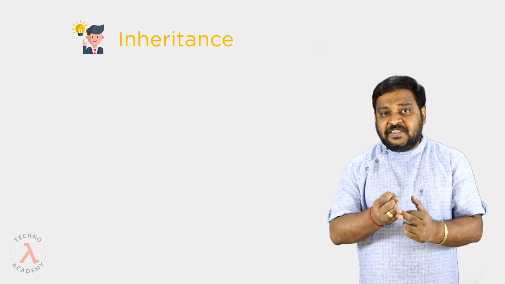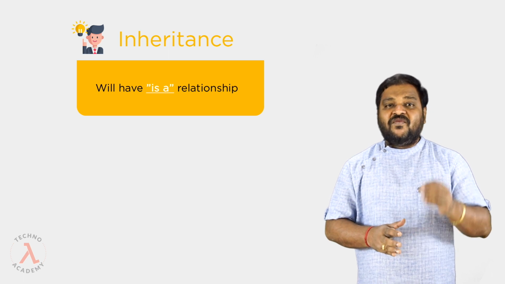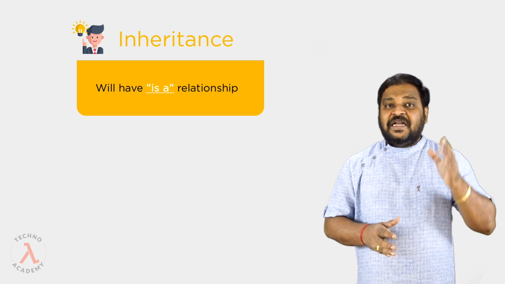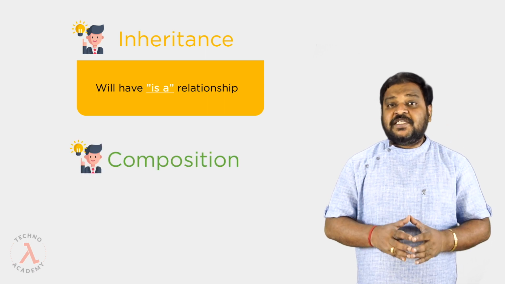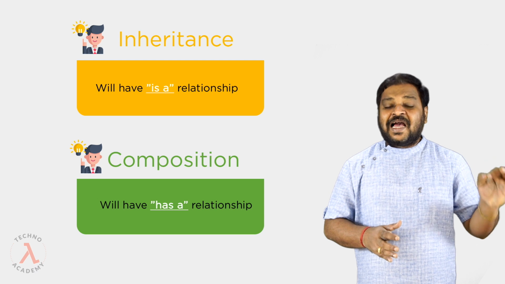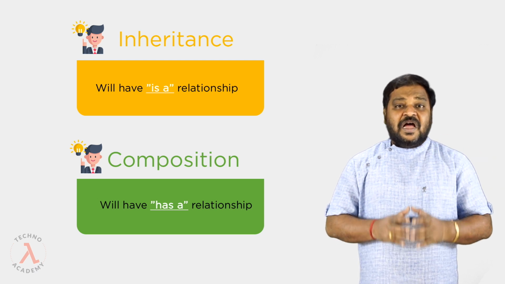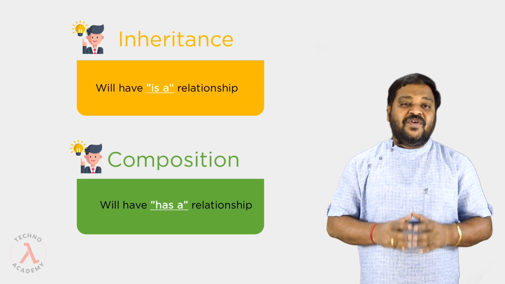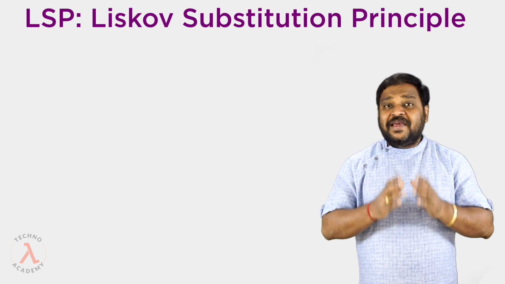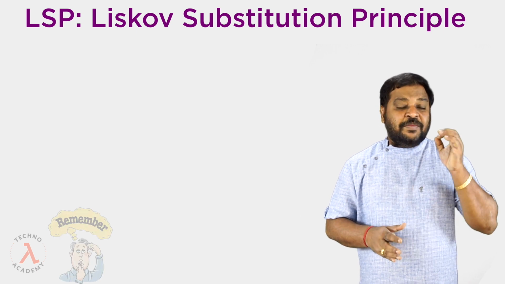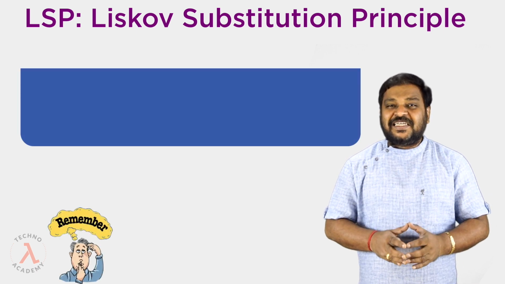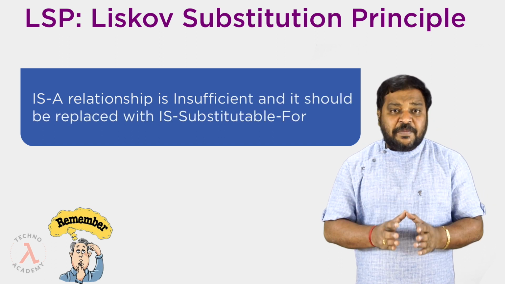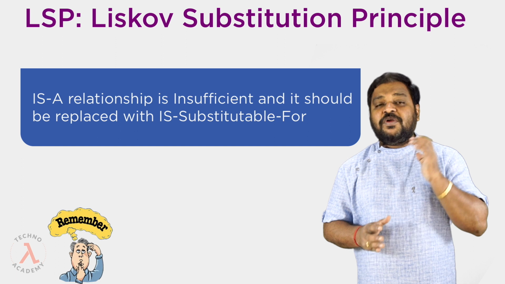One is inheritance, which we have understood has an is-a relationship, and the second one is composition, which has a has-a relationship. And we have discussed these two concepts in detail in the previous module, right? Now, why are we discussing that again? Remember that LSP states that the is-a relationship is insufficient and it should be replaced with is-substitutable-for.